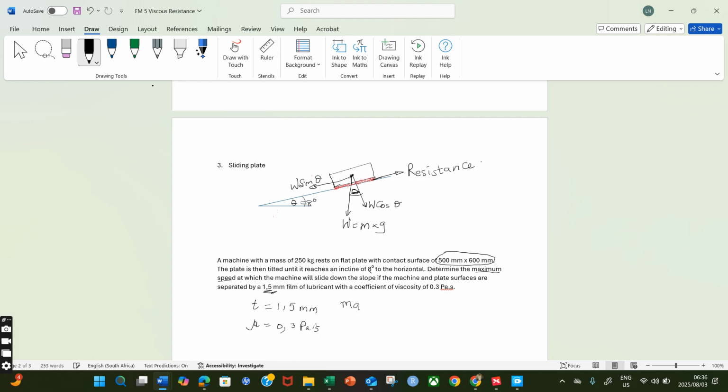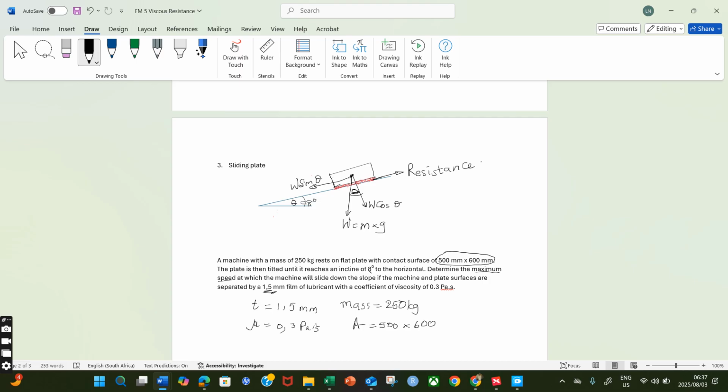All right, we have the mass. As per norm, the mass of the machine is 250 kilograms. The area is 500 by 600, so we have to change this to meters.